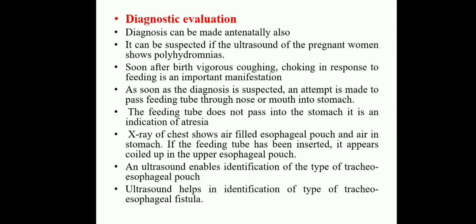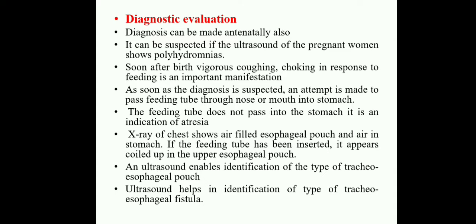Next, coming to the diagnostic evaluations. Diagnosis can be made antenatally also. It can be suspected if the ultrasound of the pregnant woman shows polyhydramnios. If any mother has polyhydramnios, the first suspicion is that the child is suffering from some atresia, esophageal atresia.